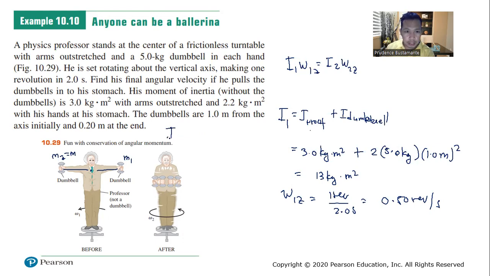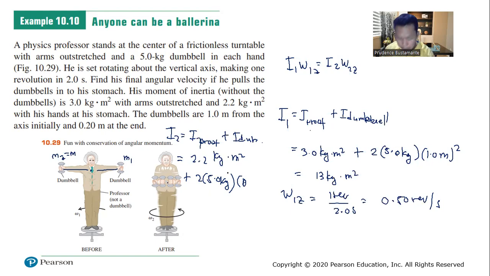For I2, we have I of the professor plus I of the dumbbells. When the dumbbells are pulled in, his arms are no longer outstretched, so the professor's part is 2.2 kilogram meters squared, plus 2 times 5.0 kilograms times the distance of 0.20 meters squared.